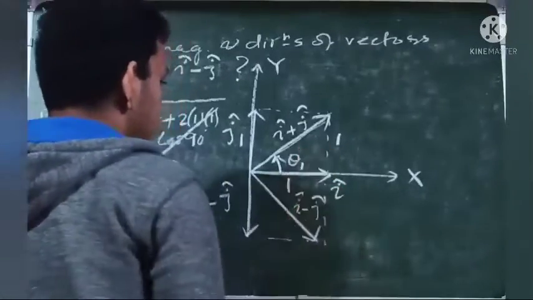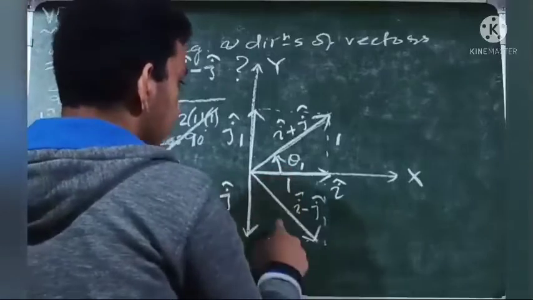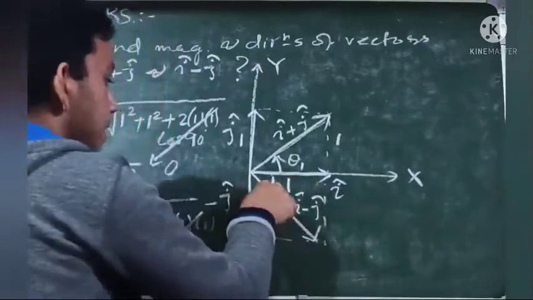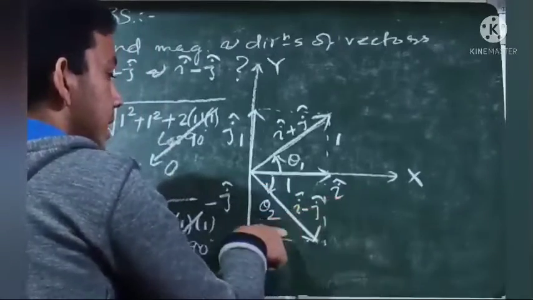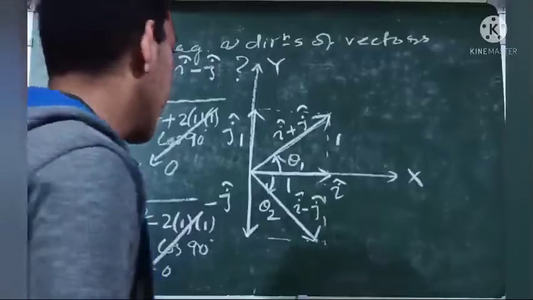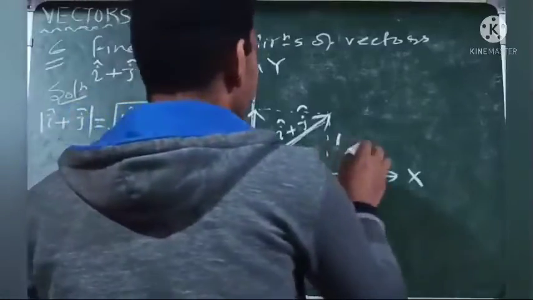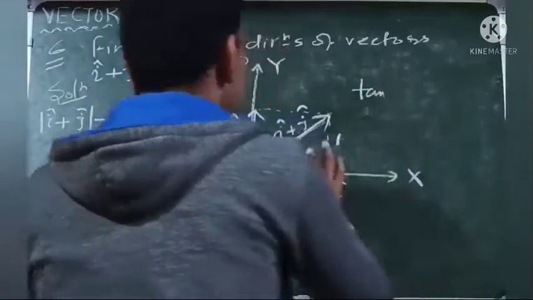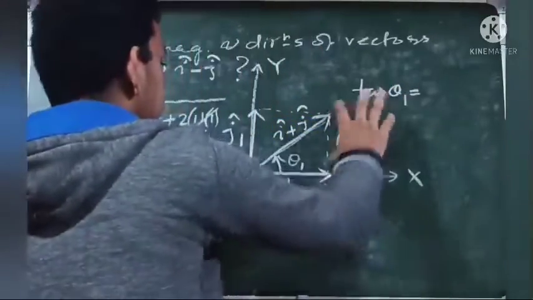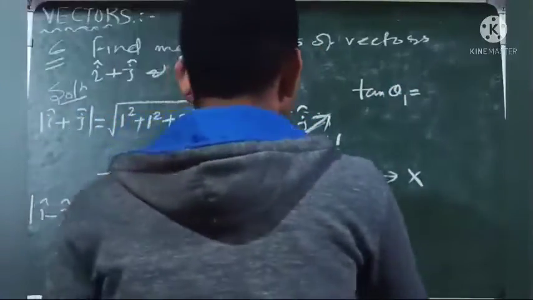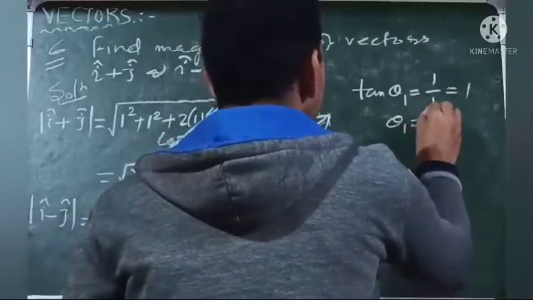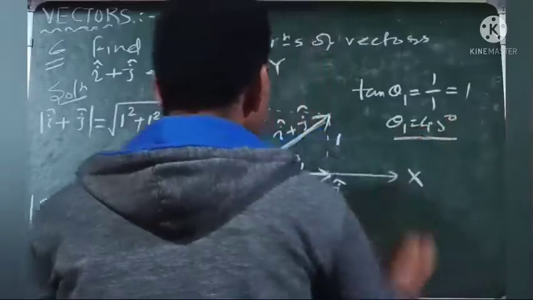Suppose this is theta 1, and suppose this angle is theta 2, which this vector i cap minus j cap makes with the positive direction of x-axis. From this figure we can write tan theta 1 is equal to this length upon this length, which is 1 upon 1 is equal to 1. Therefore theta 1 is going to be 45 degree.